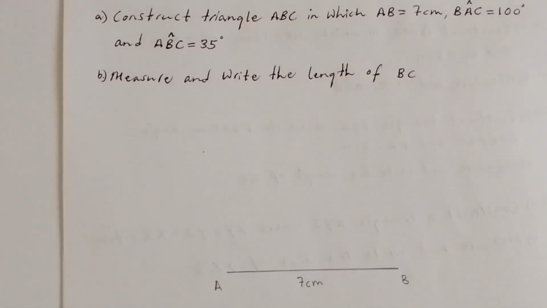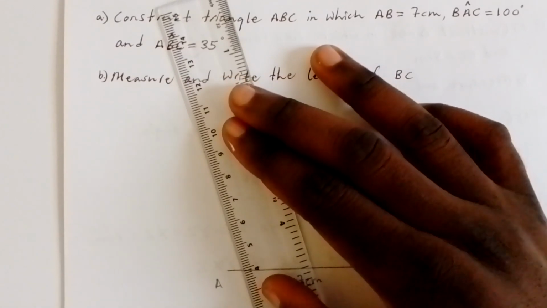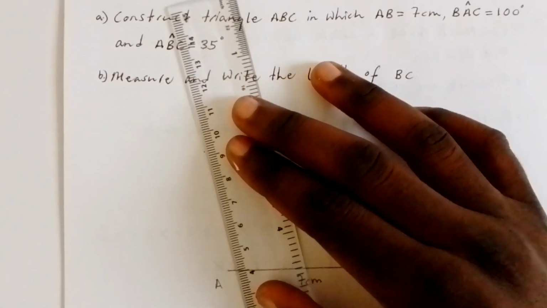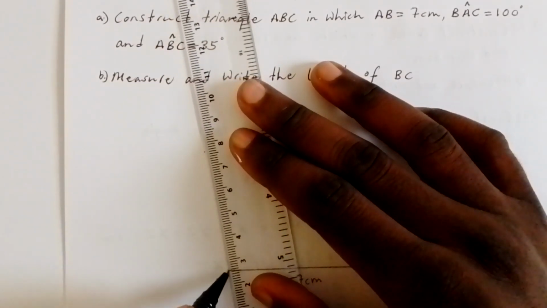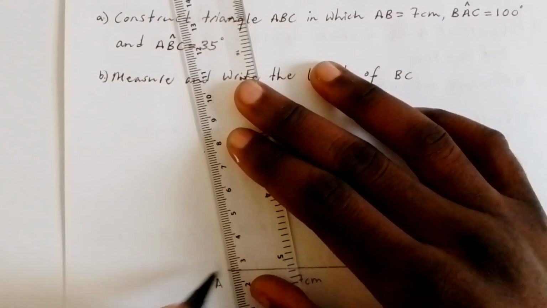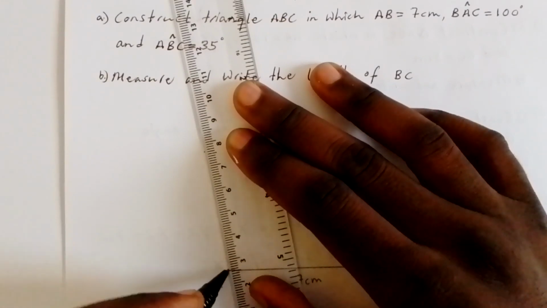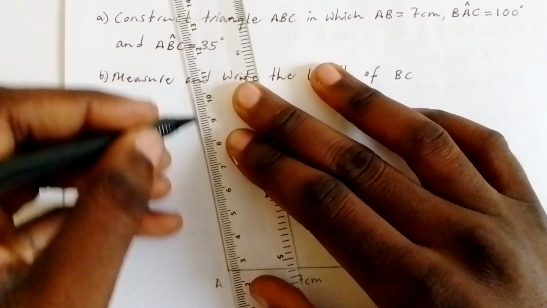Then you get your ruler and draw a straight line. Remember, we've not been given the length.